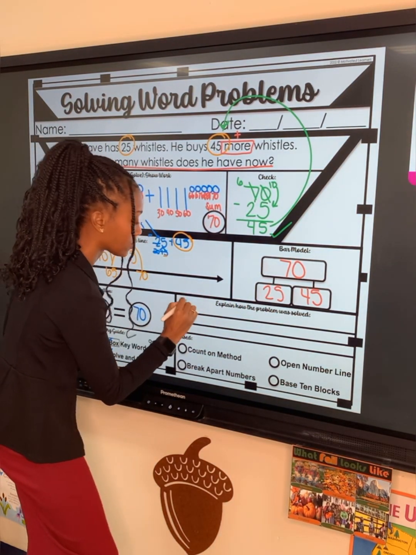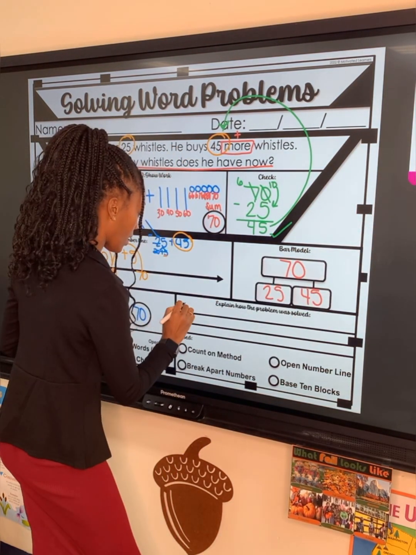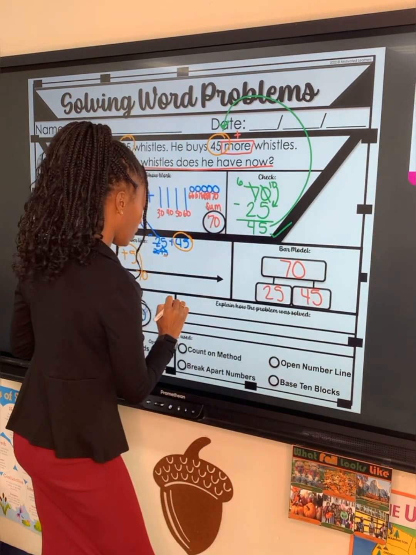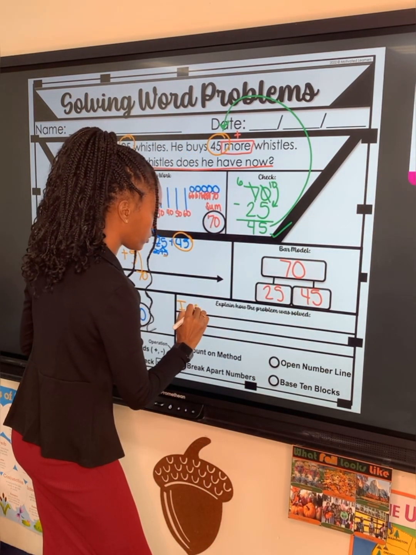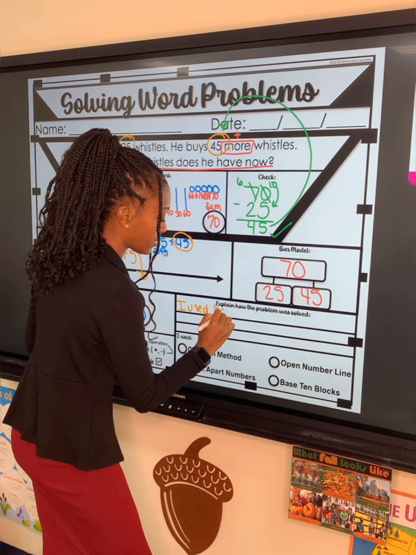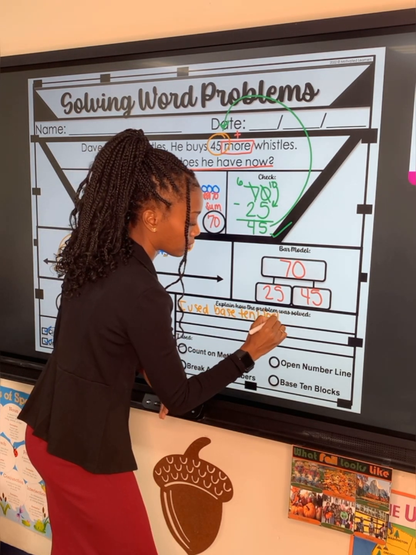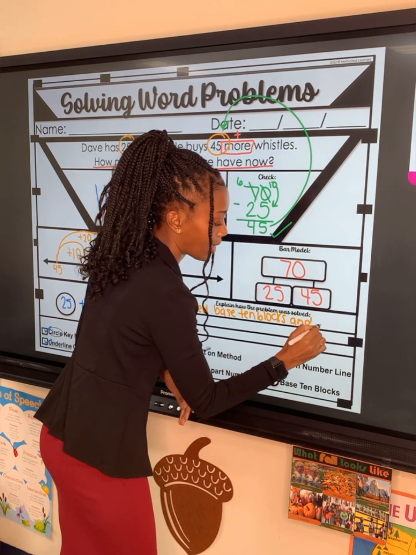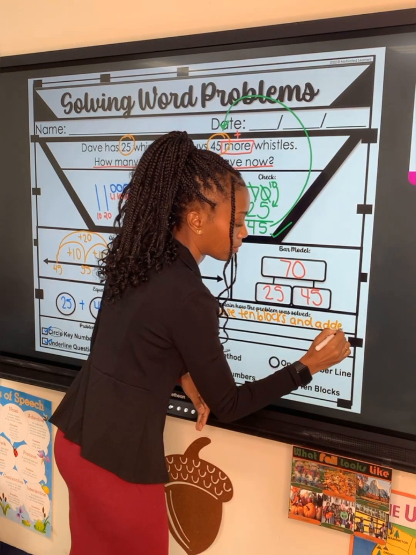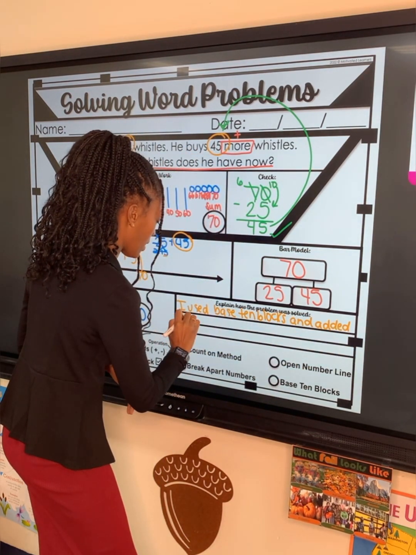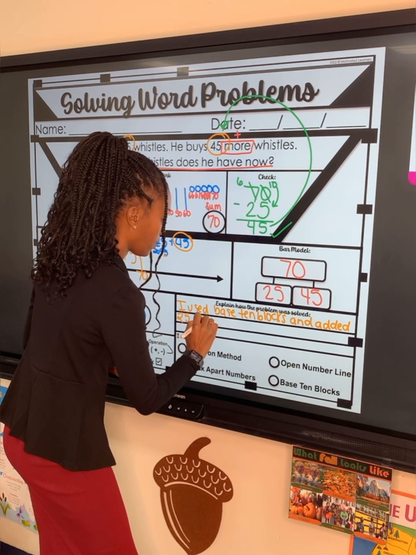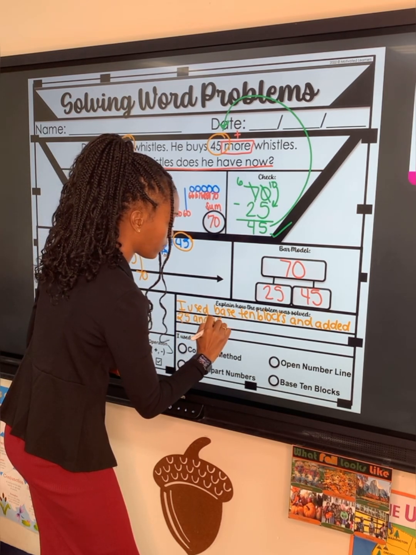So first, I used base 10 blocks and added 25 and 45 together.